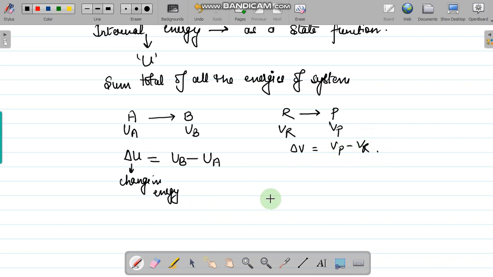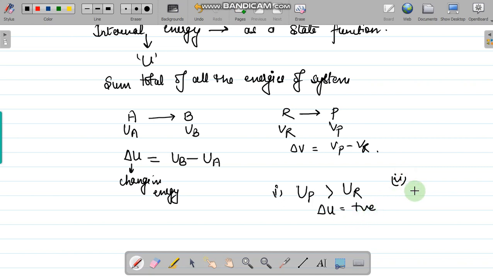Now in this case, always remember that if my internal energy of the product is greater than that of the reactant, then my delta U is going to be positive.